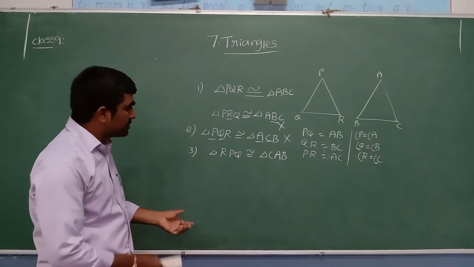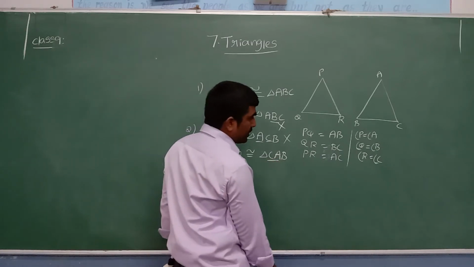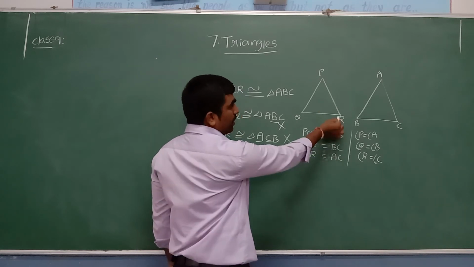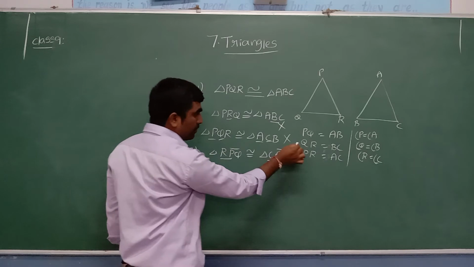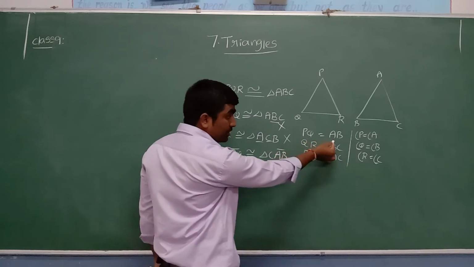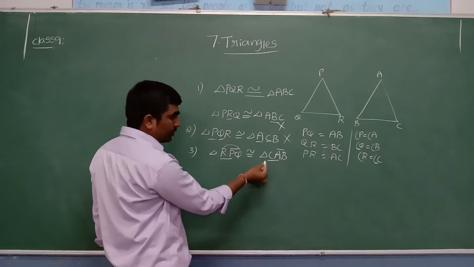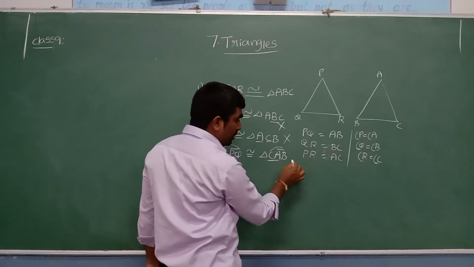Let us verify corresponding sides. First two: RP is equal to CA, yes, RP is equal to CA. Now the last two: PQ is equal to AB, the length of PQ is equal to the length of AB. Now the first and last: the length of RQ is equal to the length of CB, yes.